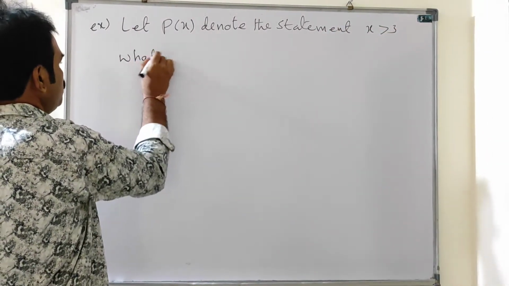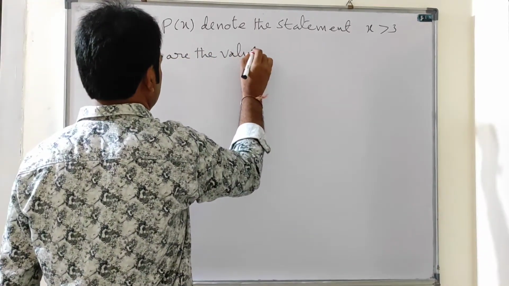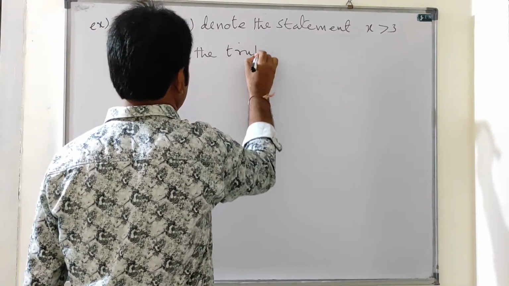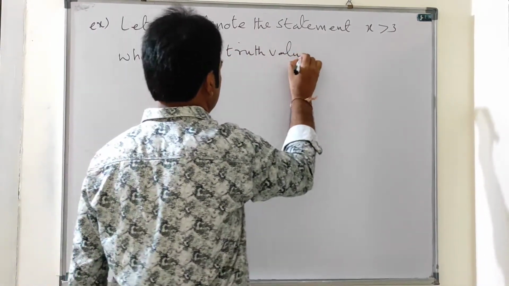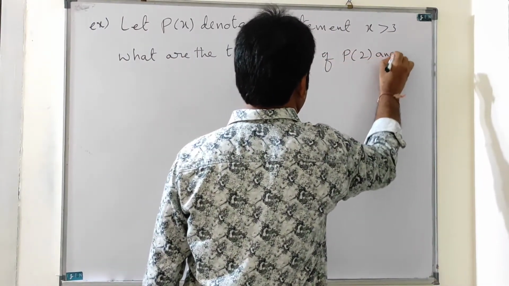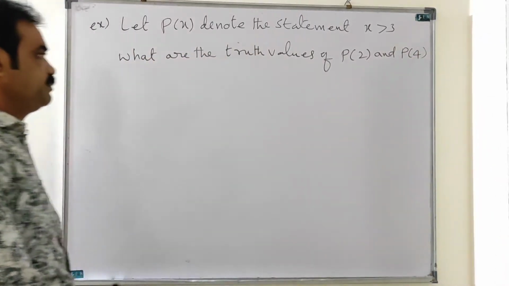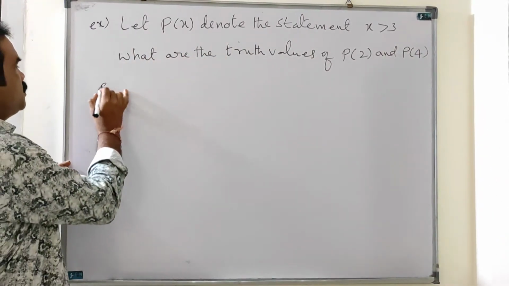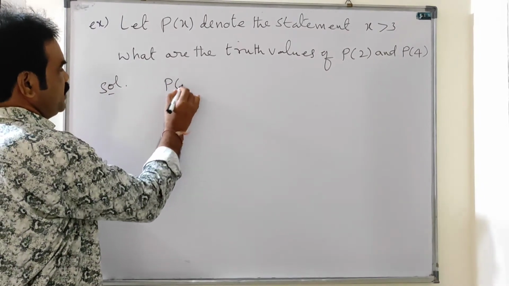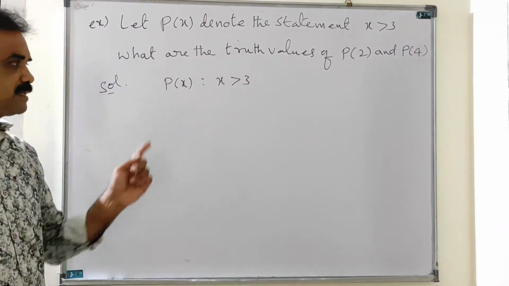What are the truth values of P of 2 and P of 4? See the solution. What is P of x here? P of x is x greater than 3.